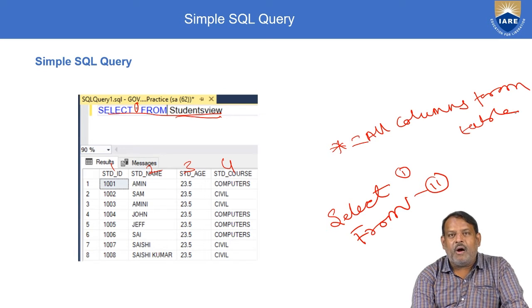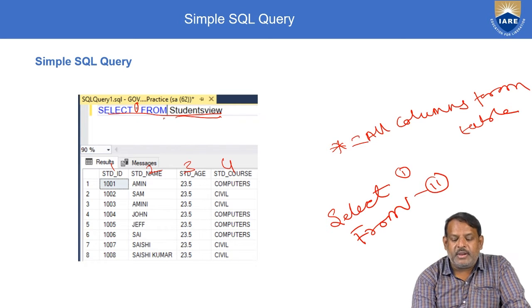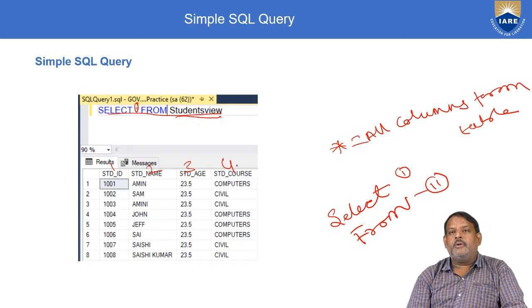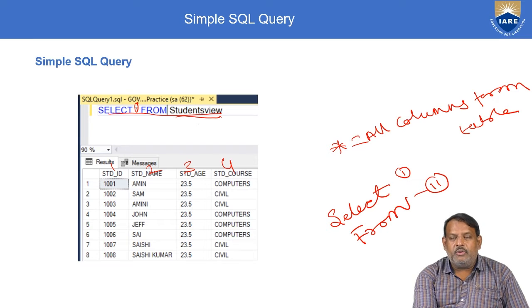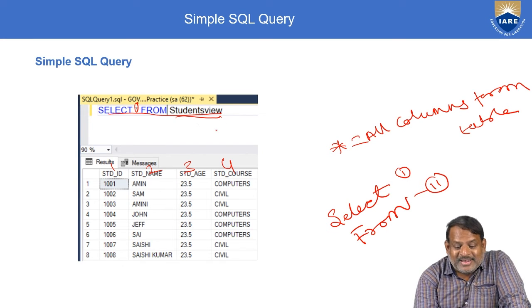Star means all the columns from the table called student view. I have four columns in my student view. I'm saying select is a keyword. Select is a default mandatory. Select star means all the columns from where I want to have, from the table name called student view.